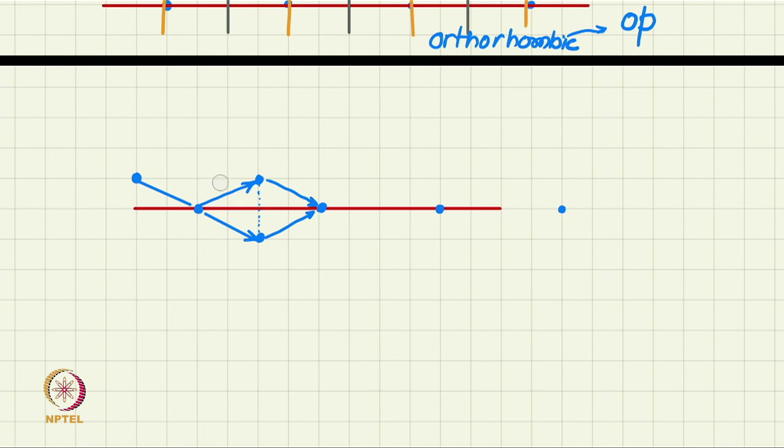So, let us label 1, let us label 1, 2, and then this is minus 2, and 1 and minus 2 again can combine to give you a lattice point there. And what is the orientation of that lattice translation? If you combine 1 and 2, 2 is the reflection of 1.